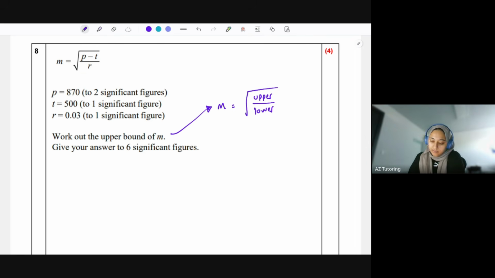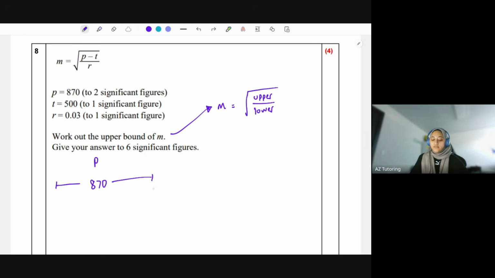Okay, so let's find out the bounds of all of these. So for p, let's write p here. P is 870 to 2 significant figures. So to 2 significant figures, I need to add 10 to both sides, essentially, because that's the significant figure.